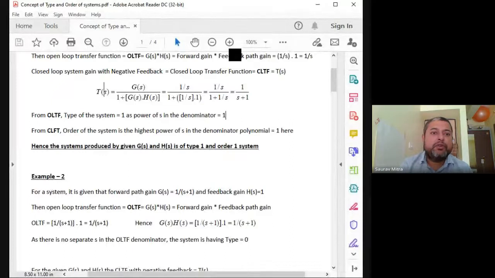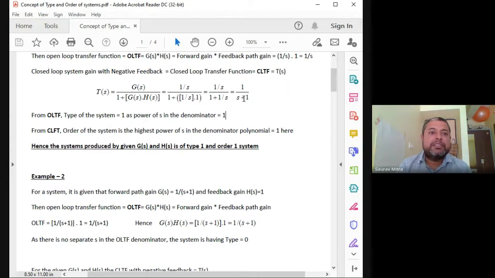The open loop transfer function is marginally stable, but when you make it closed loop, you find S equal to -1. That means the closed loop pole shifts to the left hand side of the S plane. This is another example of how closed loop negative feedback makes the system more stable.